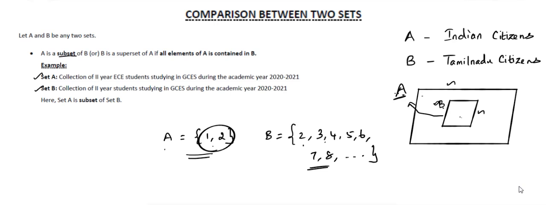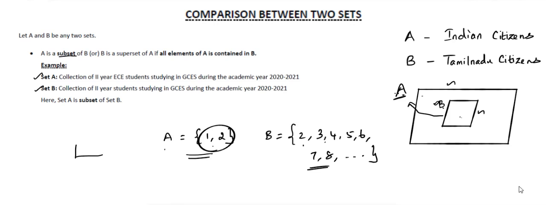In set B, what am I collecting? I am collecting the entire second year students of a particular college. Whereas in set A, I am collecting only the second year ECE branch alone. So here the diagrammatic representation will be like this, right?